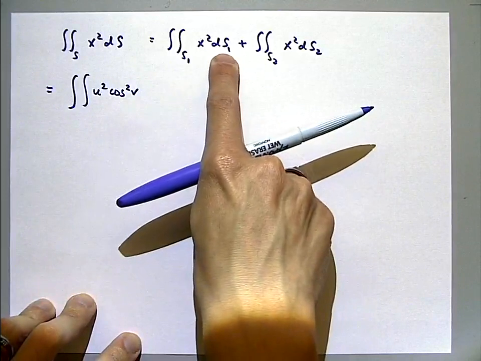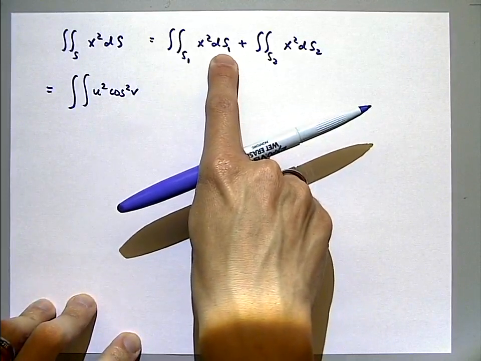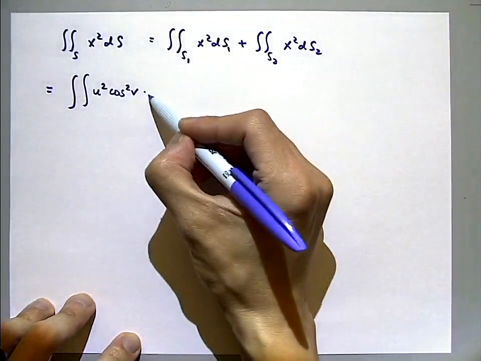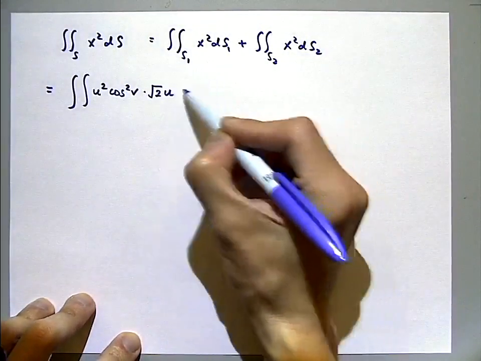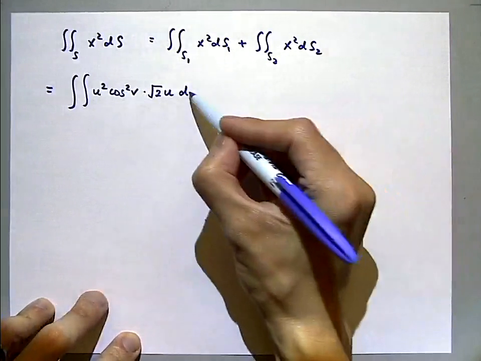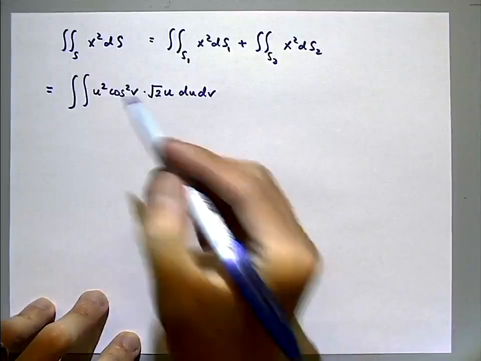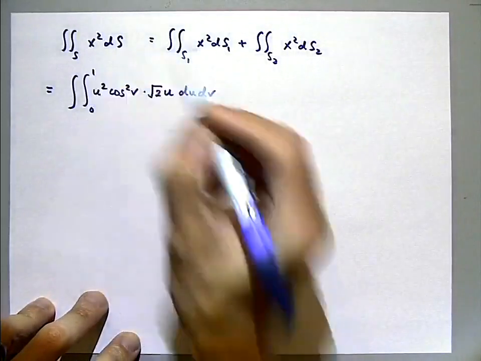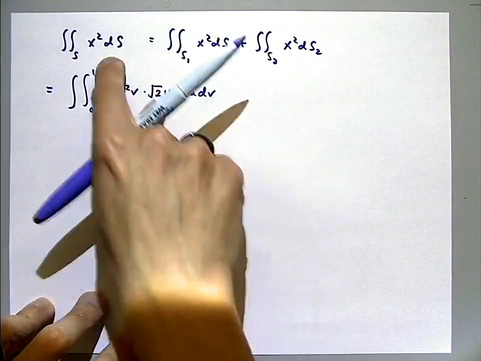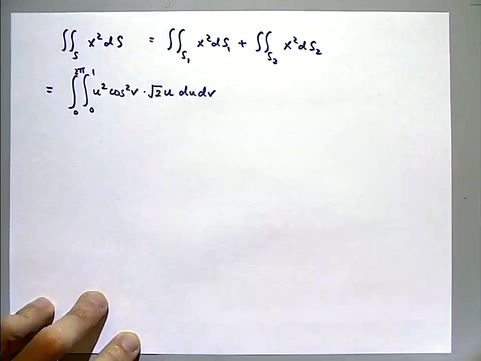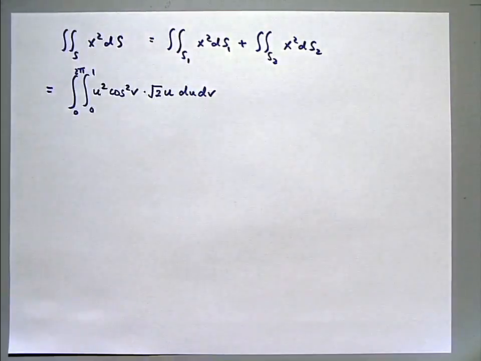And dS, remember, is just the magnitude of Ru cross Rv, which is radical 2 u, and then du dv, or dv du, it doesn't matter. We've gone with du dv, so u goes from 0 to 1, and v is 0 to 2 pi. Okay, so that's the first one, just the lateral surface.